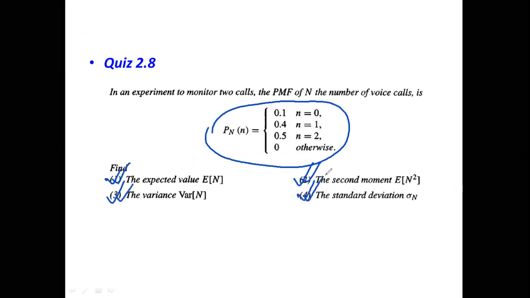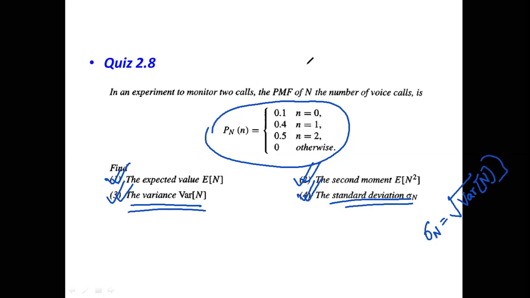You can understand, if we can find out the variance, the standard deviation is very easy, isn't it? Because we know that the standard deviation equals the root of the variance. So if somehow we can find the variance, we can easily find the standard deviation.